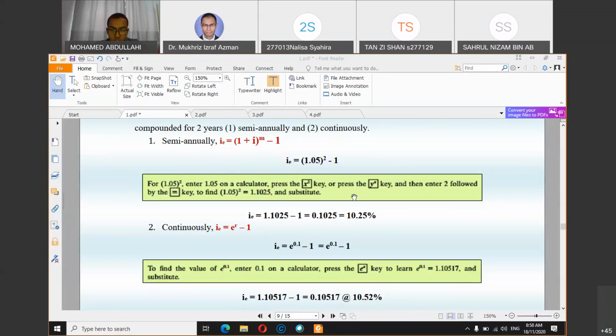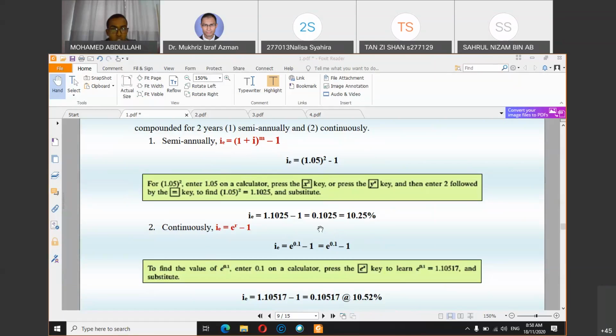At the end of the day, this is just an example of calculating the interest on two different scenarios, requiring two different formulas. And of course, by now you should know how to use your calculator to obtain this solution. This is one of many examples.